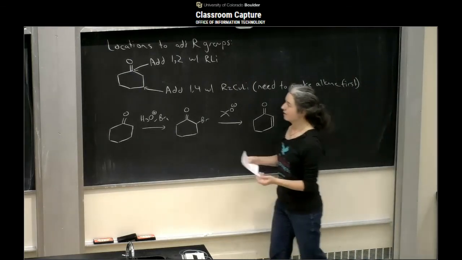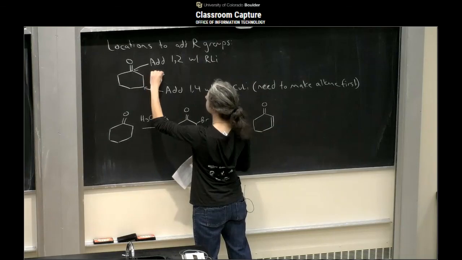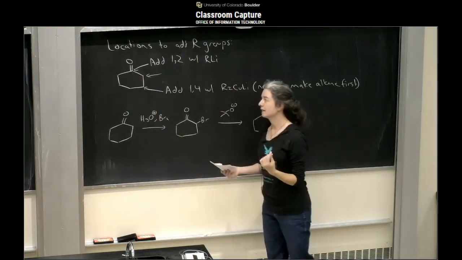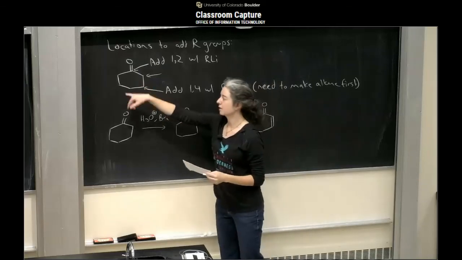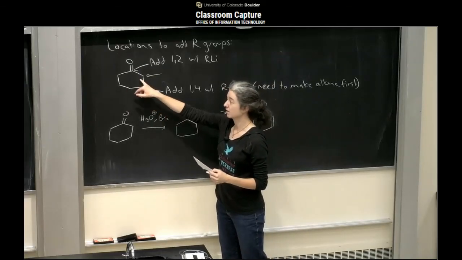Okay. And then if we're trying to add an R group here, we can make an enolate and attack an alkyl halide, but depending on exactly what molecule we have, that may not work great.